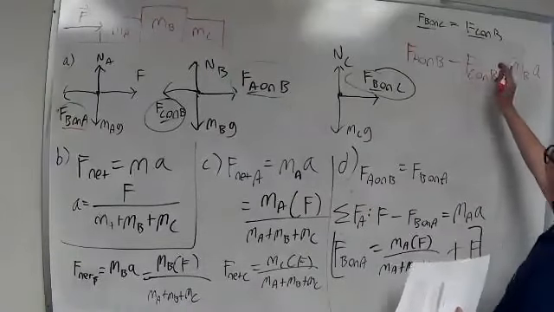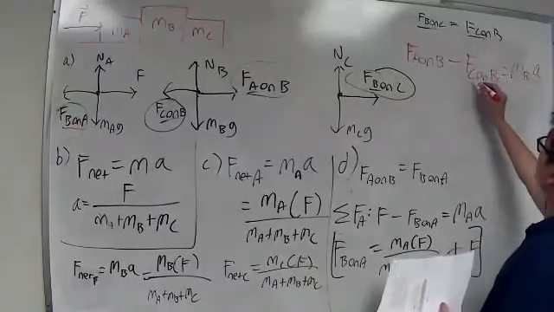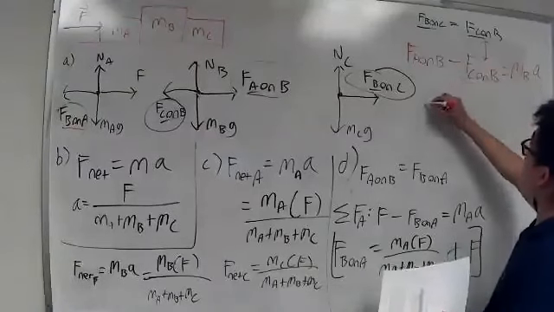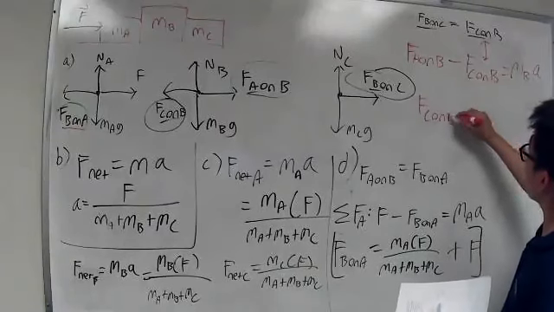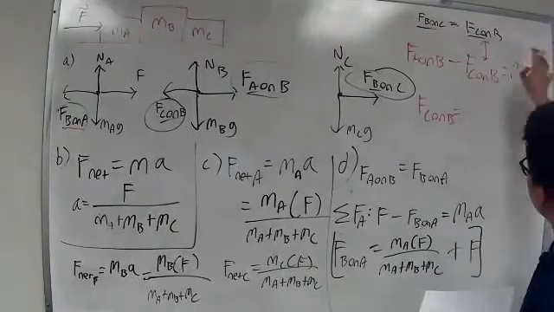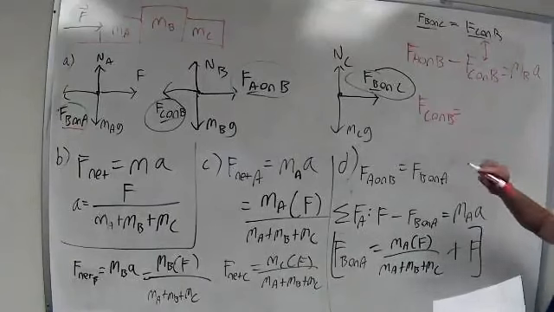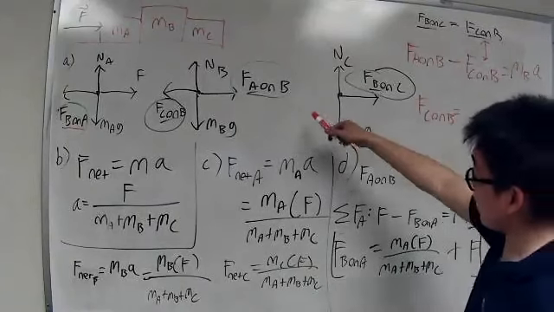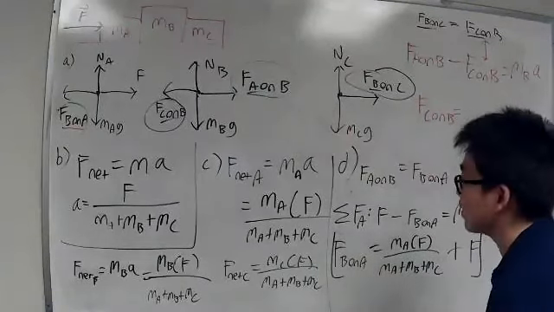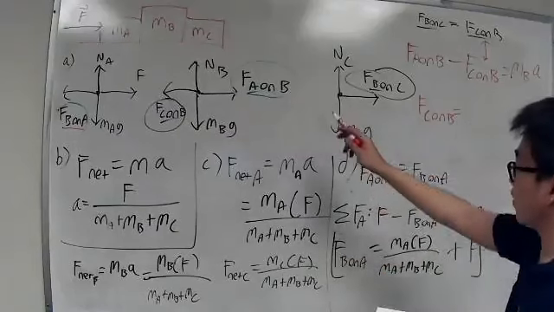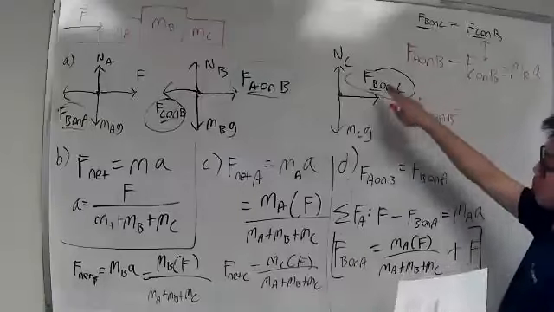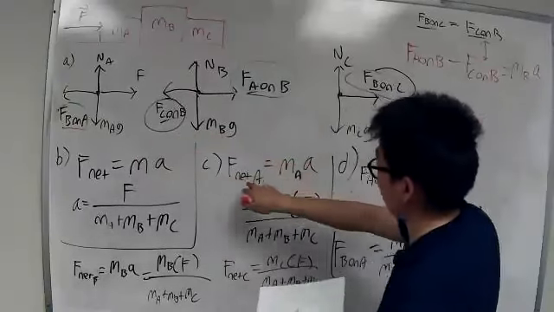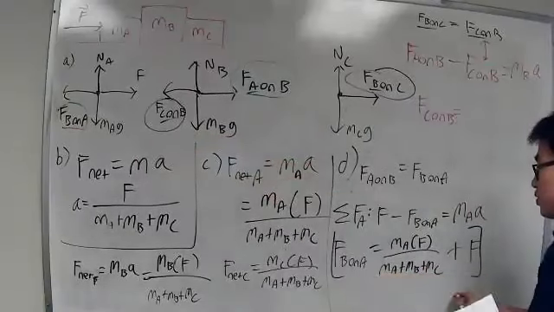If I am trying to isolate FC on B, right, I'll just move it over, do what I did before. If I move it over, it's FA on B and FA on B. Do you see? It's a little bit of mind games, but FA on B was the same as FB on A, which is here.